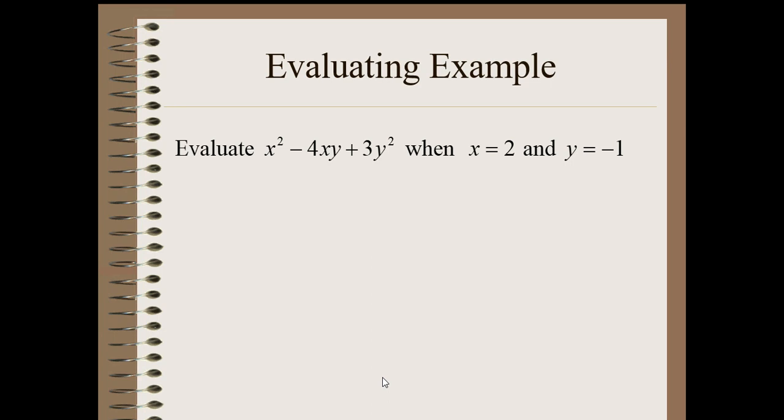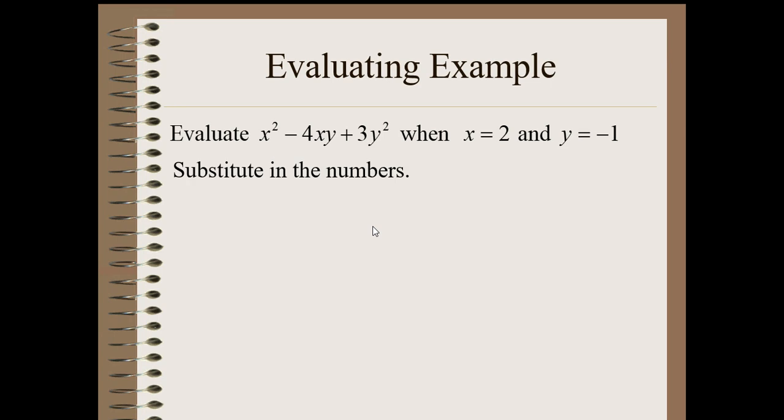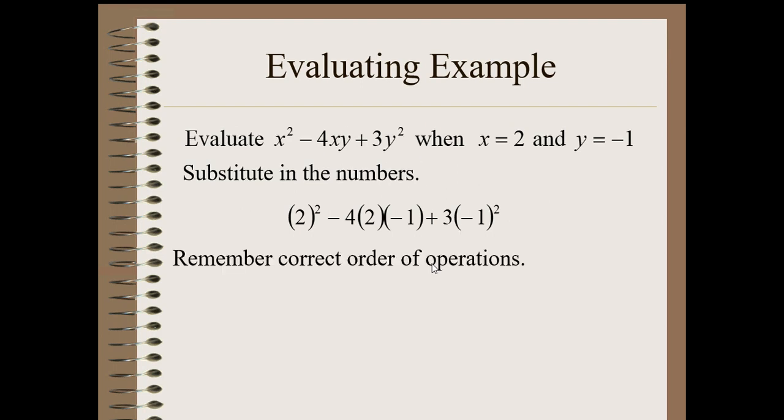Another example, I can give you another expression. x squared minus 4xy plus 3y squared. Also, I need to replace and to be very careful with the calculation. x squared, so 2 squared, minus 4 times 2 times minus 1, plus 3y squared, meaning 3 times minus 1 squared. Order of operations.